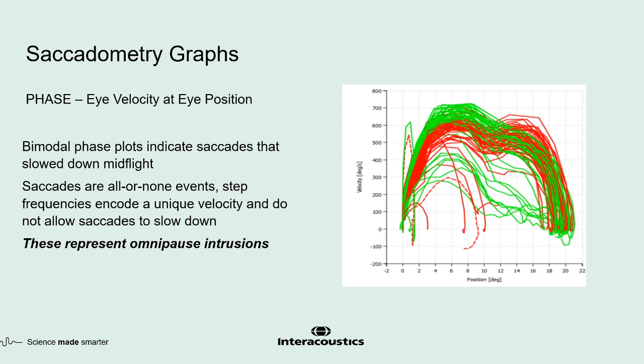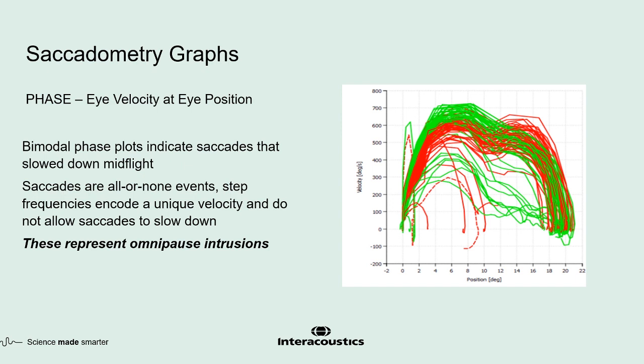If those descending mechanisms from the frontal lobe and through the basal ganglia and the superior colliculus are not healthy enough, frequently what we see is that they function sufficiently to engage the saccade, but they're not healthy enough to keep the Omnipause cells shut off throughout the duration of the saccade, which means the saccade starts, the Omnipause cells come to threshold during the movement, and they intrude on the saccade and slow it down, requiring the generation of another pulse command to speed the eyes back up.